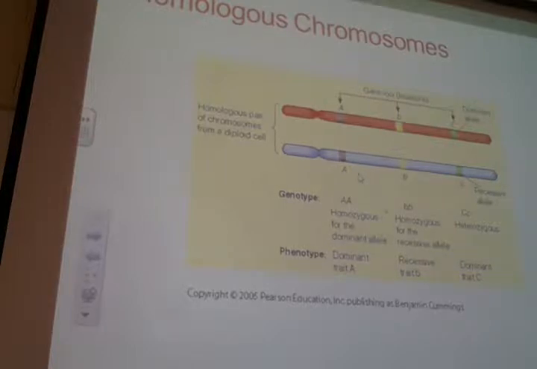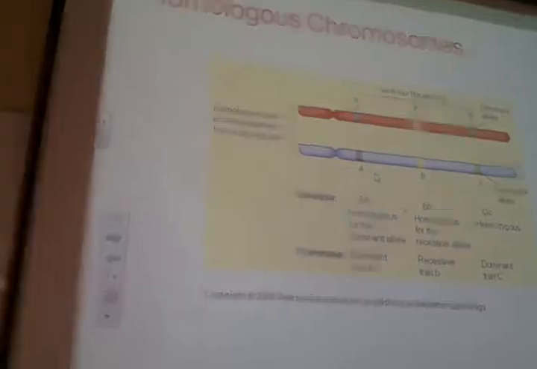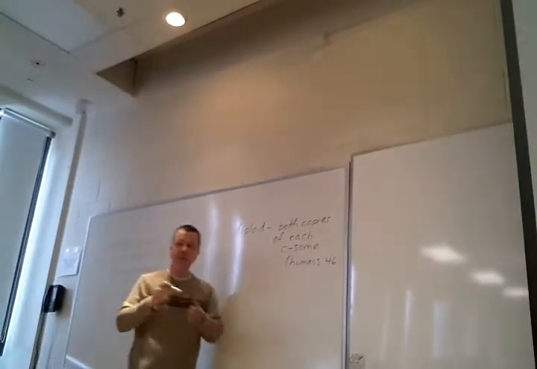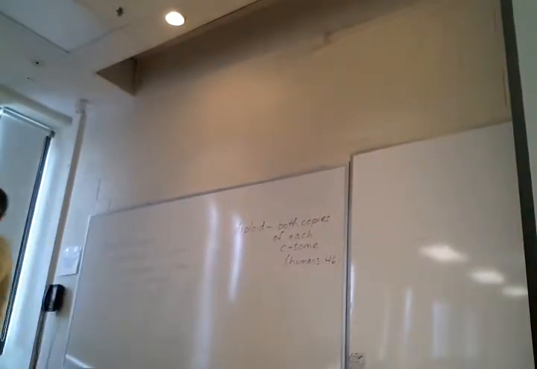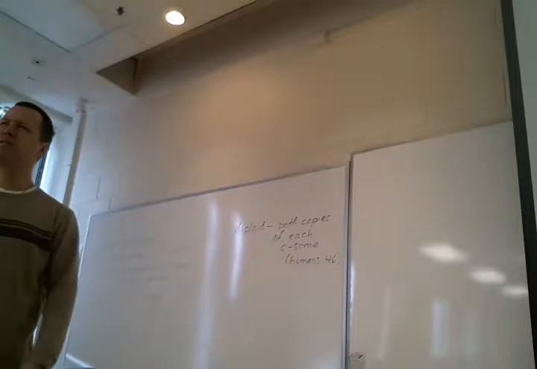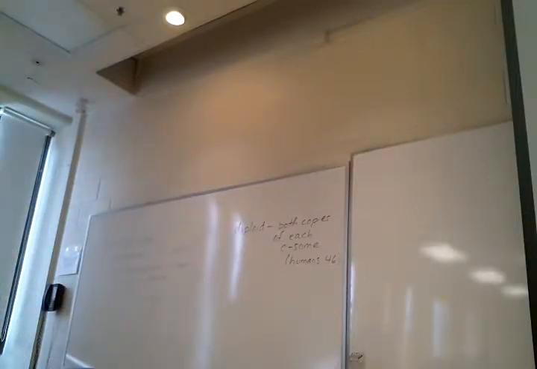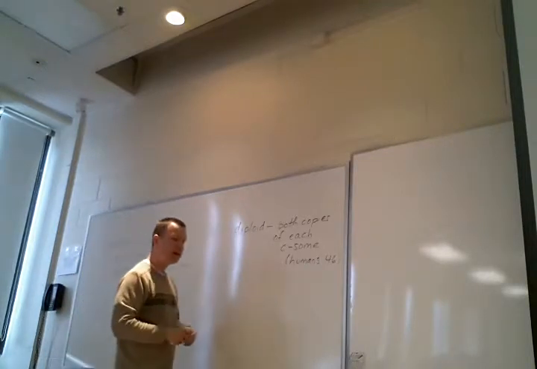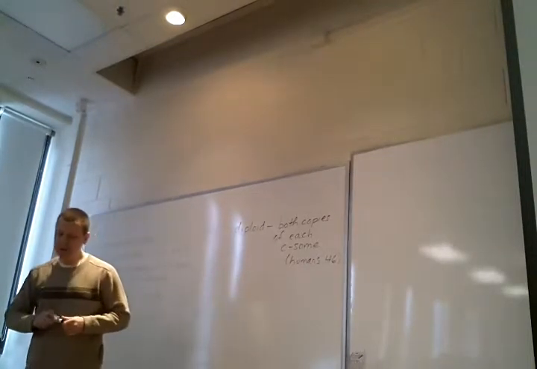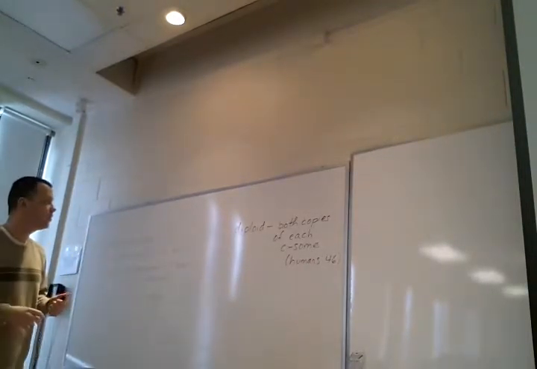So for humans, that would be 46. If you're a yeast, that would be 16. If you're a fruit fly, it's 4. If you're a dog, it's, I'm going to say 72. It's 72, 74, or something like that. So if you have both members of each homologous pair, you have the diploid situation.